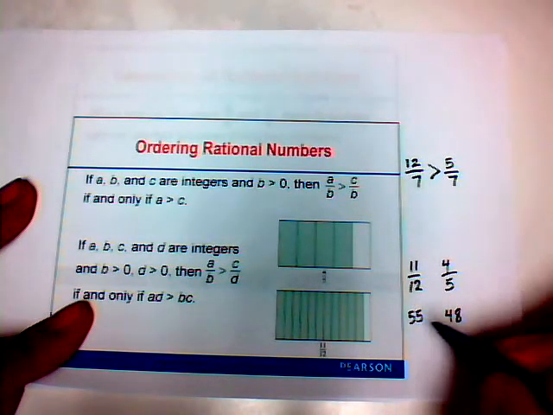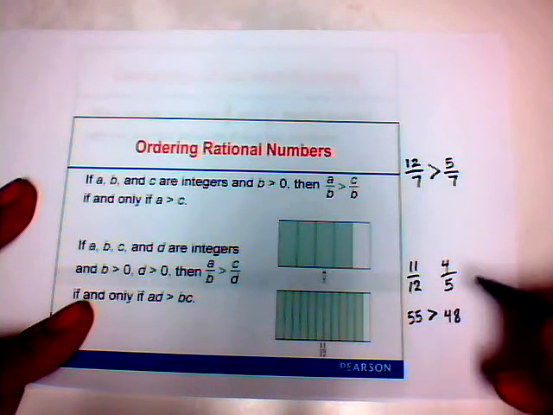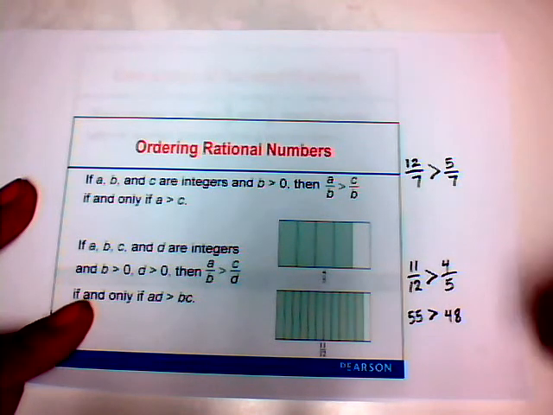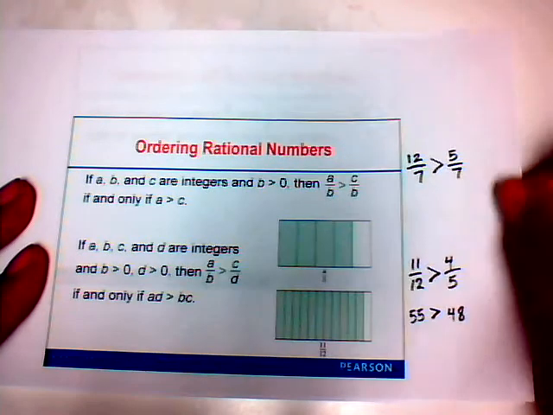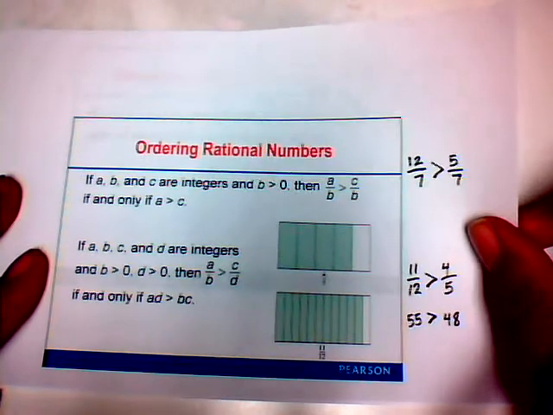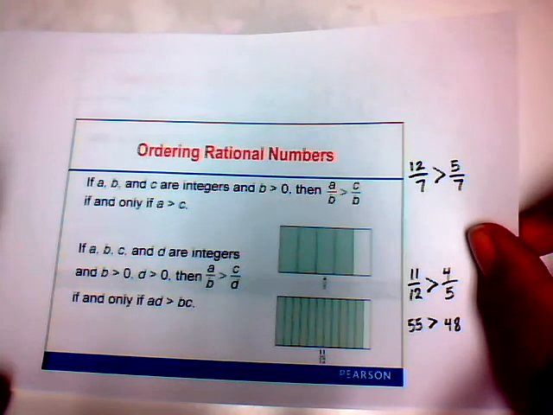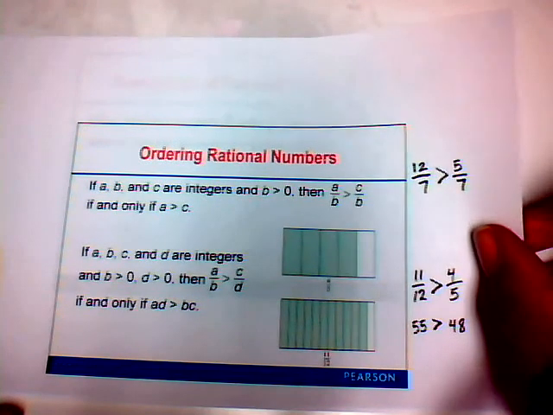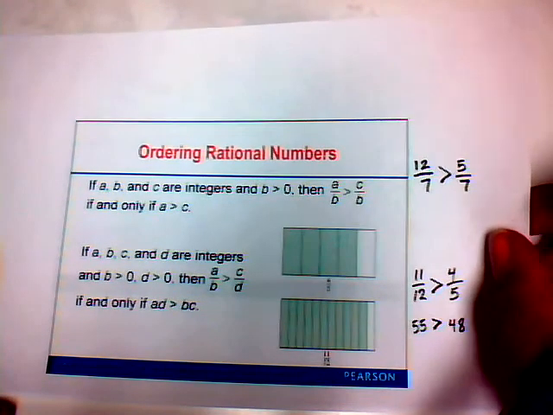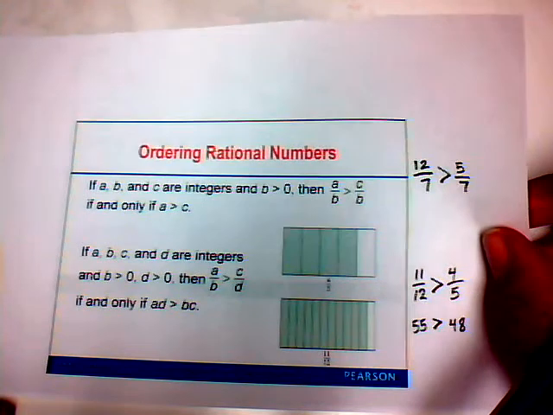That's 55, 48. 55 is greater than 48, so that means 11 twelfths is greater than 4 fifths. Okay. So also we can use the cross products to determine whether the fraction on the left is less than or greater than the fraction on the right side.